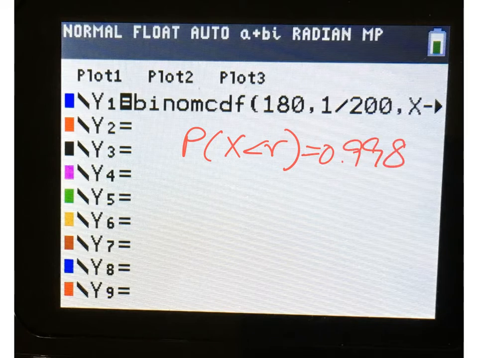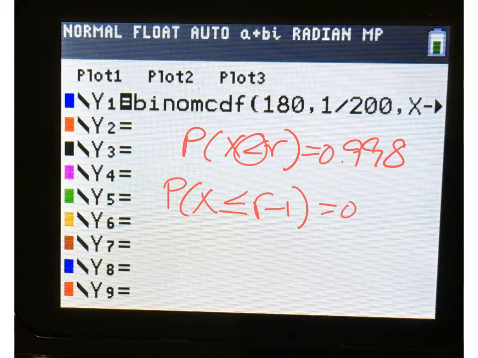But when we use the binomial PDF or CDF in the GC, it starts from the value itself. So we have to change this strict inequality into an inequality that includes the equality sign. Let us convert this to the probability of X less than or equal to R minus 1 equals 0.998.